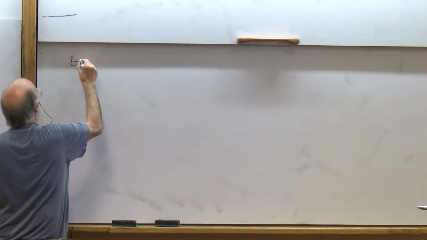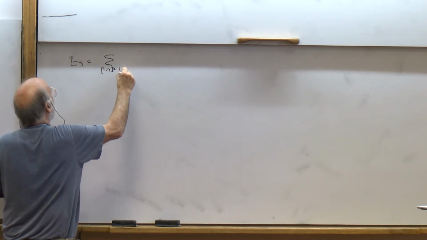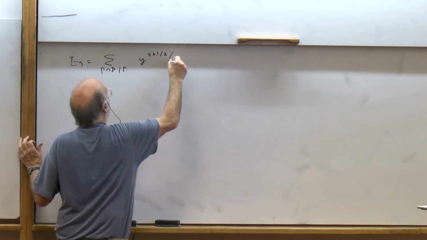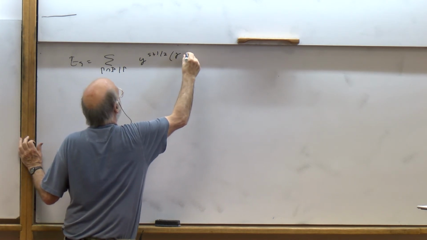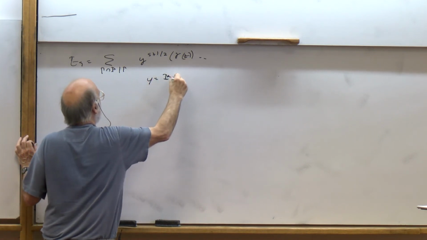I define E of s equal to the sum over gamma intersect P of (gamma y)^s, where y is the imaginary part.